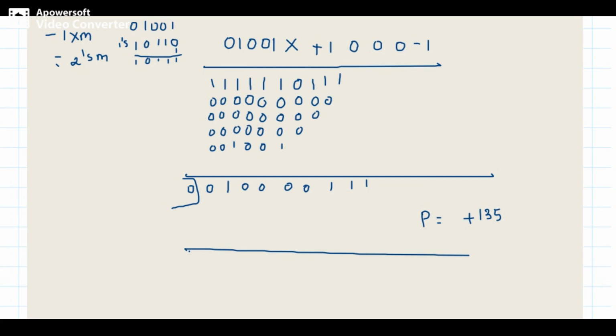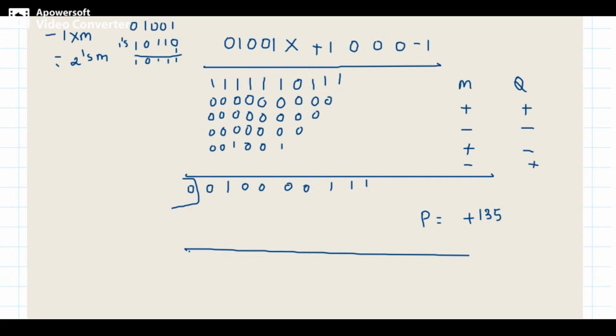But in the case of the sequential multiplication algorithm, we can consider only a positive multiplier and positive multiplicand. But using the Booth algorithm, we can have 4 different cases for M as well as Q. Both M as well as Q positive, or both multiplier and multiplicand negative, or multiplier positive and multiplicand negative, or multiplier negative and multiplicand positive.